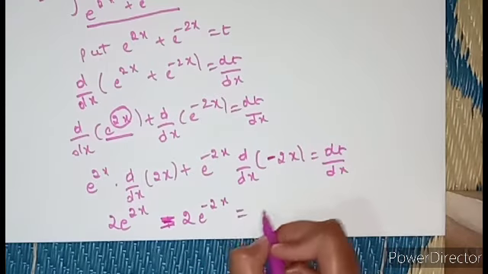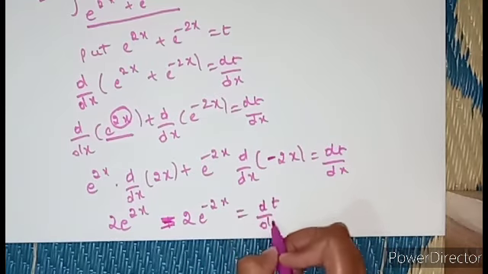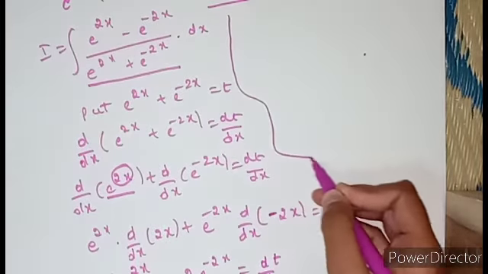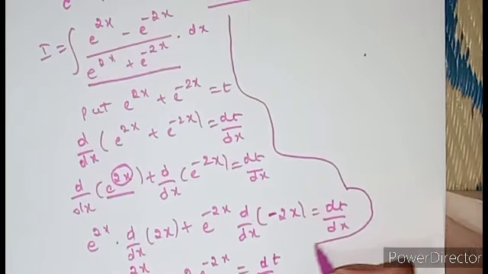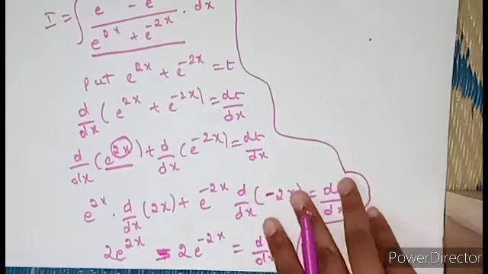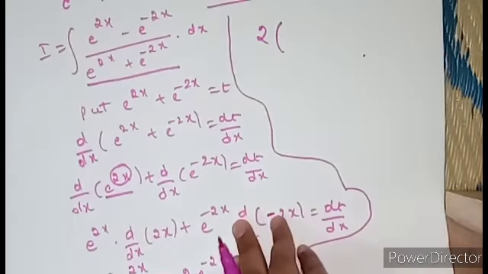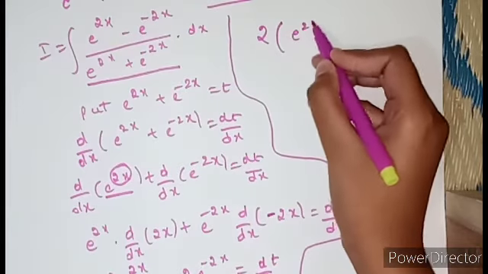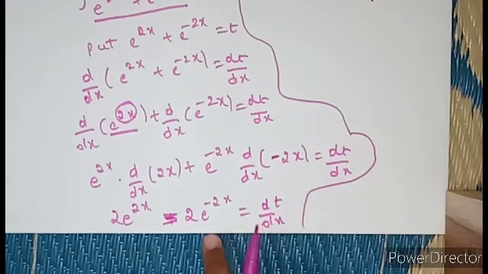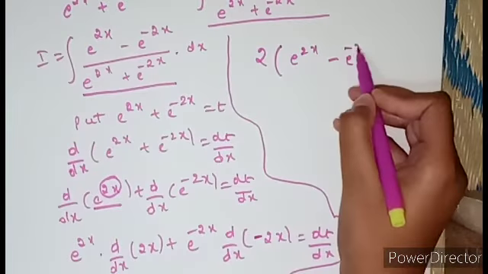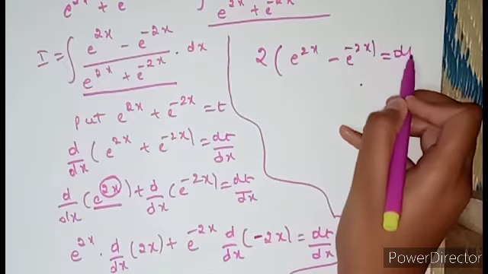Okay, now equals dt upon dx. Next take this 2 outside. Why? Since it is common. If I take 2 common, we are left with e raised to 2x minus e raised to minus 2x equals dt upon dx.